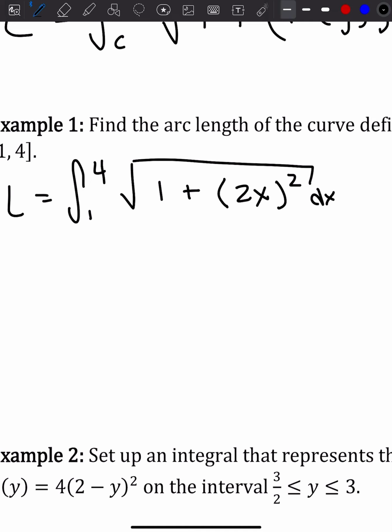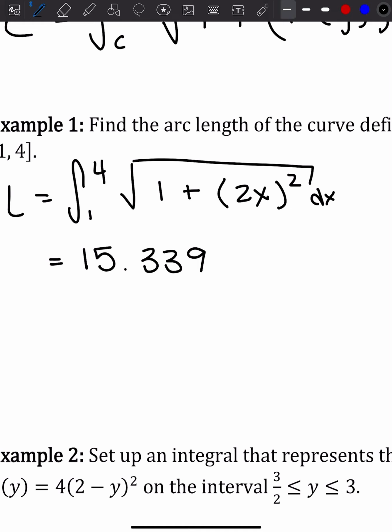With this problem, if I were to try to solve it, we're going to run into some weird issues. We can't really use u substitution here because we don't have an x in here somewhere that would give us our derivative. So we're going to use a calculator for this. If we do use our calculator to solve, we are going to get 15.339.